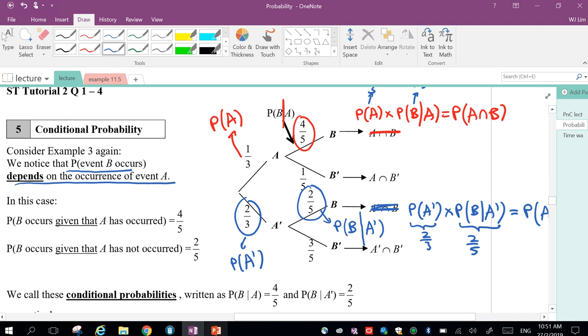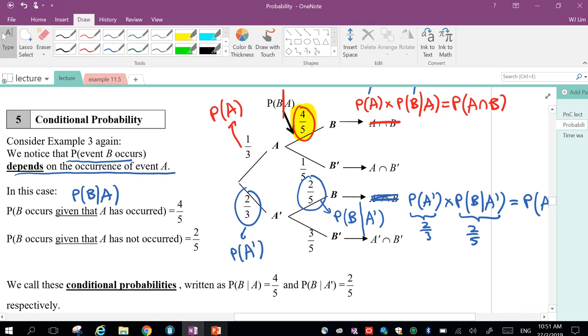Look at the yellow one: B given A means A has happened, then probability B. The green one is probability B happening given A prime, where A has not occurred.